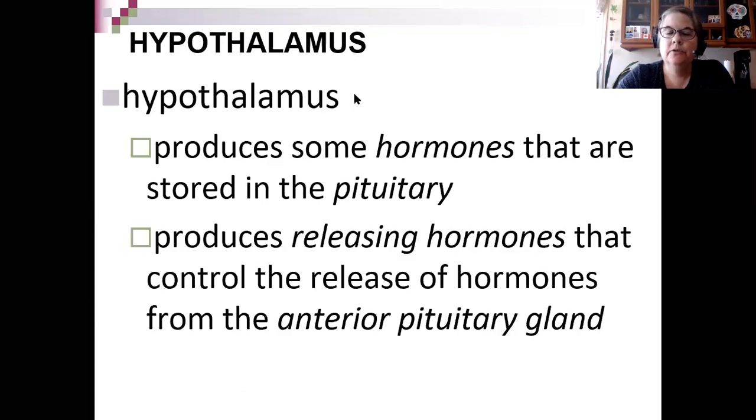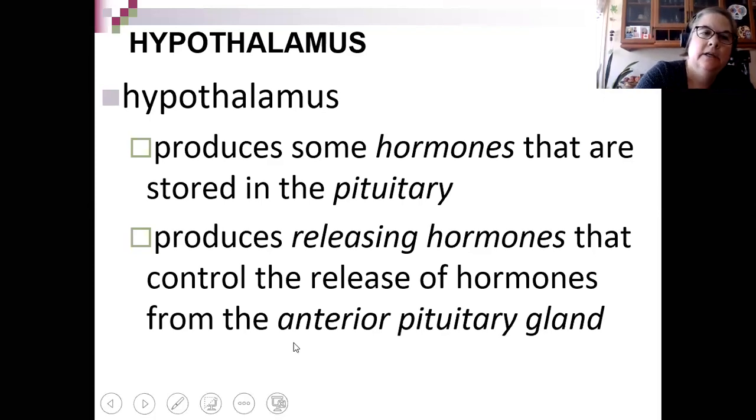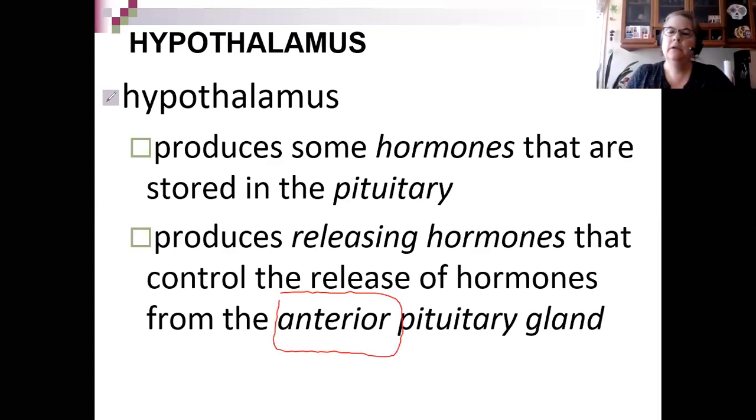And then it also produces releasing hormones that help control the release of hormones from the anterior pituitary. Okay, so the front part of the pituitary. So the anterior pituitary can't release hormones until the hypothalamus has sent releasing hormones to it. Okay.